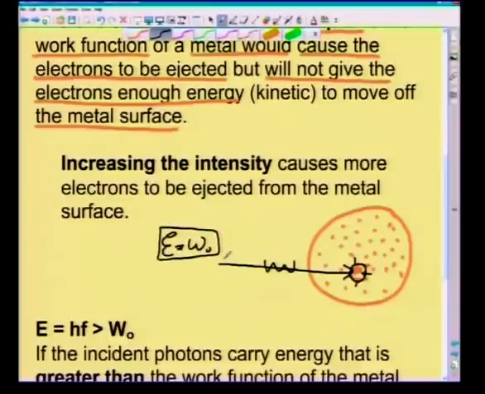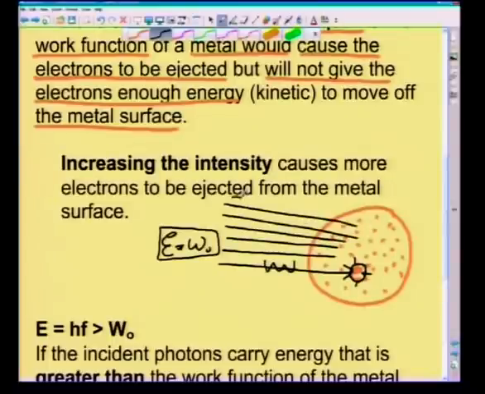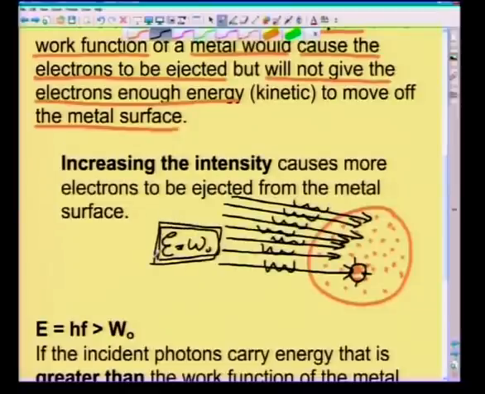Now, what will happen if you intensify this, if you make your light brighter? You will have more of these photons of light hitting the surface of this metal. But all of them are carrying an equal amount of energy, equal to the work function, and therefore all they do is dislocate whatever electron they hit.